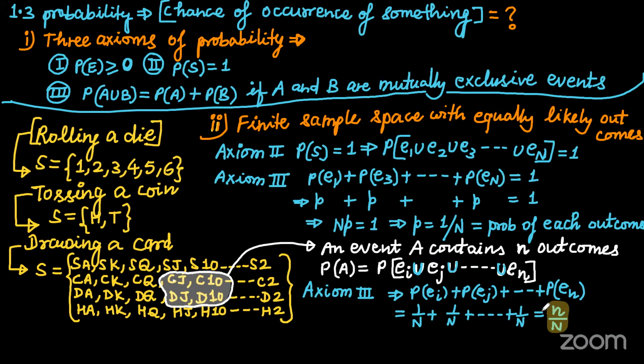Sir, here P is not defined. Like P be the probability of each individual outcome. It is not defined here. I just want to remind. Say it loud. Here, P is the probability of each individual outcome.